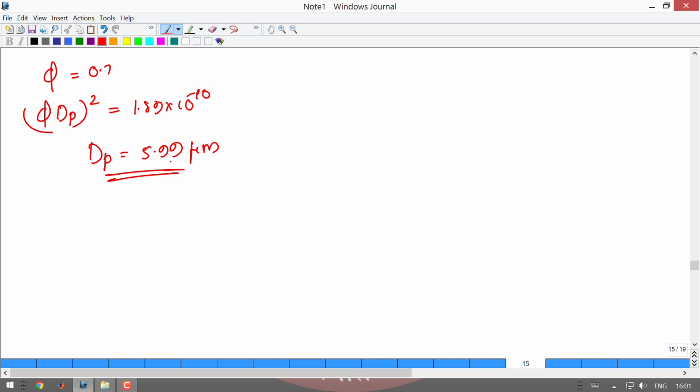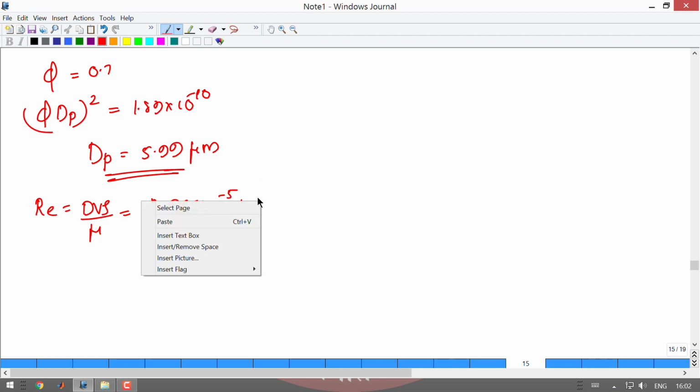So, we have to check whether we are getting Reynolds number which is less than 1. For that we are just substituting all the values. You can write it in FPS system or in SI unit, whatever it is you will get the same.